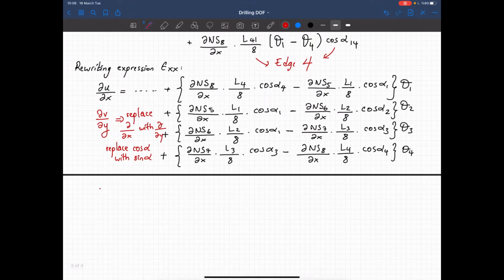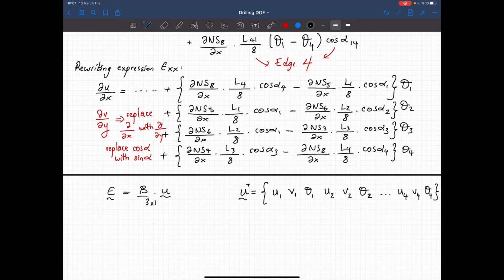In that case, let's write it this way. We obtain the B matrix that will relate B times U. U will be, let's write it like that: we have the translation of the first node and the drilling rotation of the first node, translation of the second, drilling of the second, and so on up to V4 and theta 4. That's our nodal displacement vector. Now we have 12 degrees of freedom, and the B matrix will be 3 by 12.